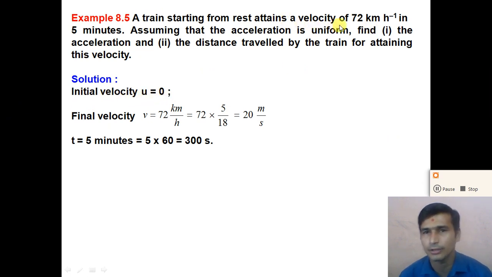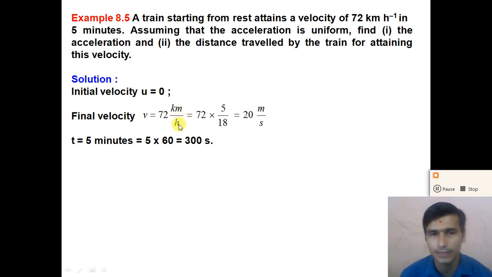It attains a velocity of 72 kilometer per hour in 5 minutes. So the final velocity v is equal to 72 kilometer per hour.